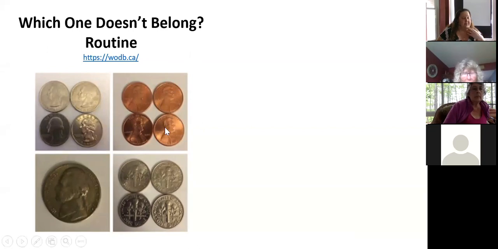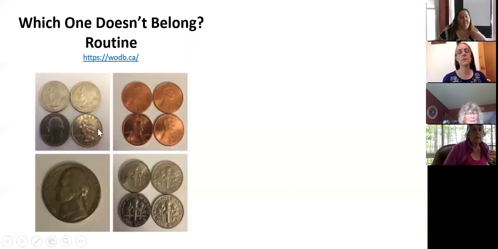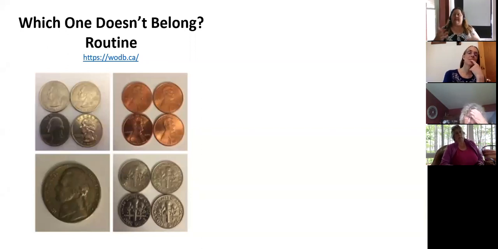Is it the size of the quarters? They're larger than the others. Could also be that the quarters are the only one whose value is $1 or more, right? So there's many reasons, we could come up with many reasons that they might belong or not.